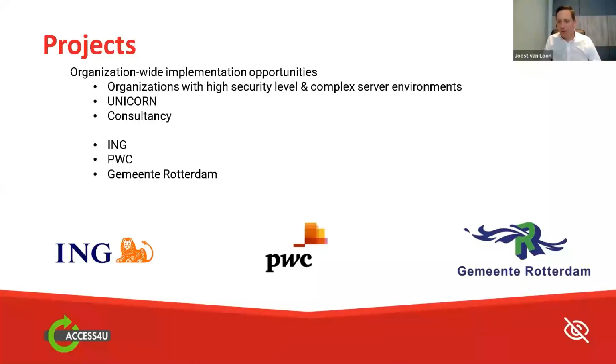So we do not only deliver just one license to one specific customer, but we really try to establish collaboration with the organization so we can install the software organization wide. So for example, in one case we came in contact with the large municipality of Rotterdam, one of the largest cities in the Netherlands.